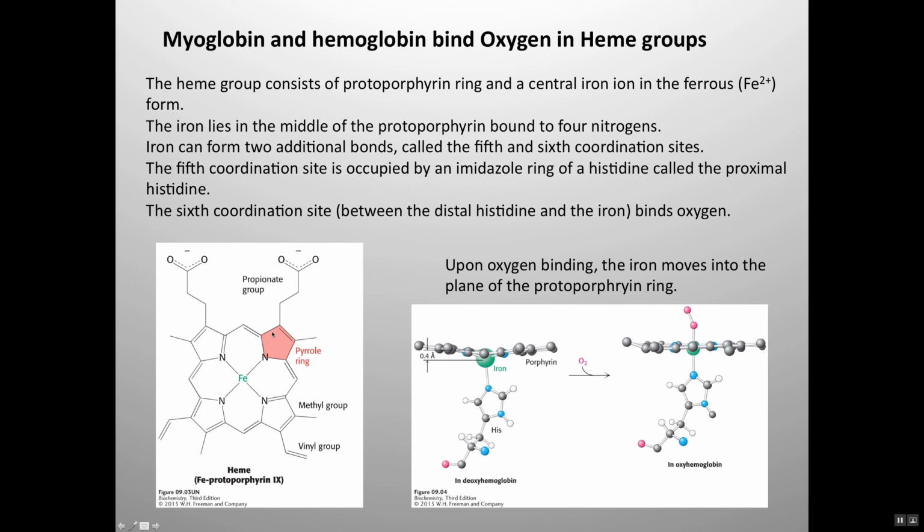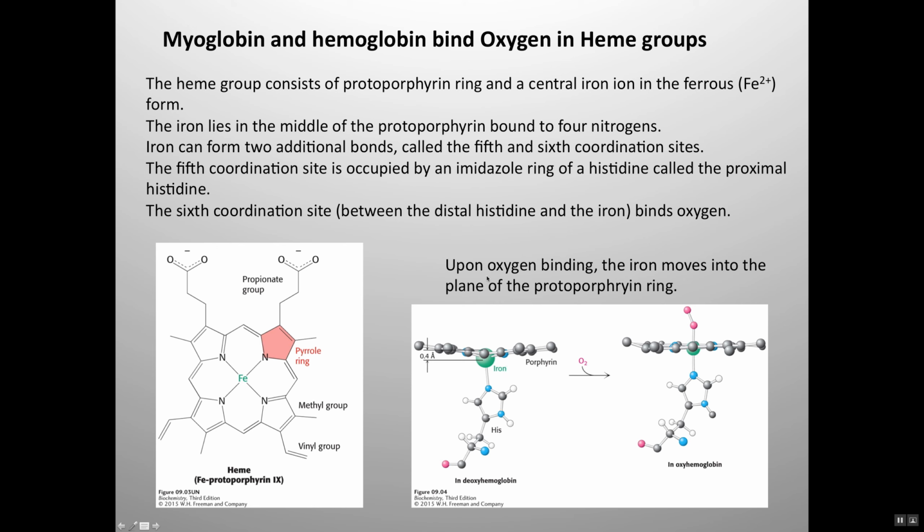And iron can actually form 2 additional bonds above and below the plane of this ring, and they're called the 5th and 6th coordination sites. Now, the 5th coordination site is occupied by an imidazole ring. This is the histidine we saw called the proximal histidine, and here it is coordinating to iron. And the 6th coordination site, that's between the distal histidine and the iron, binds oxygen.